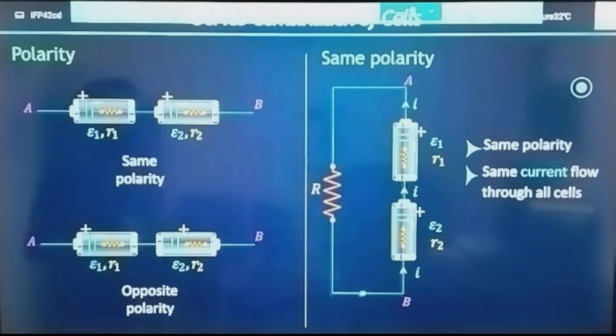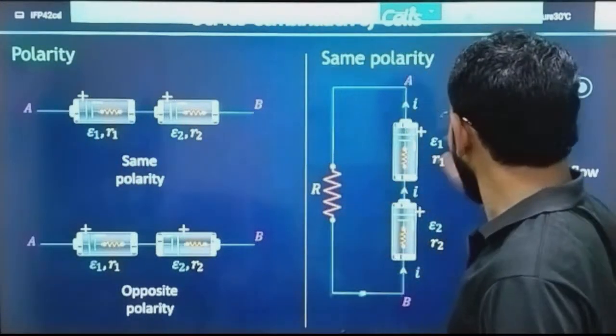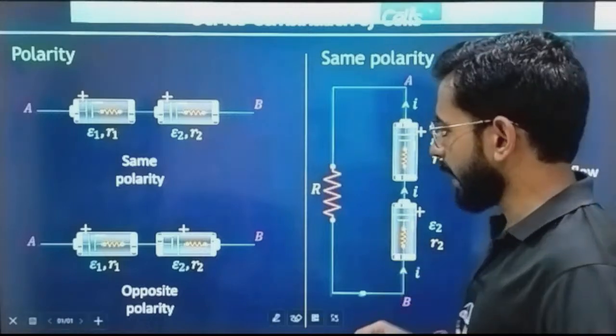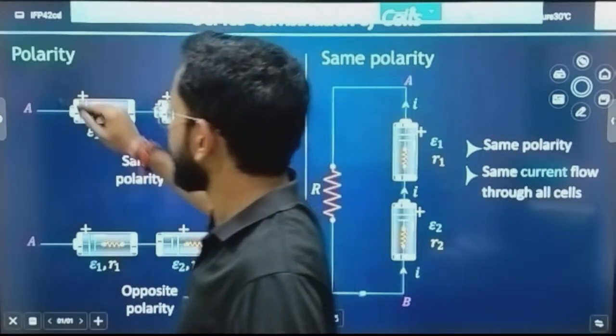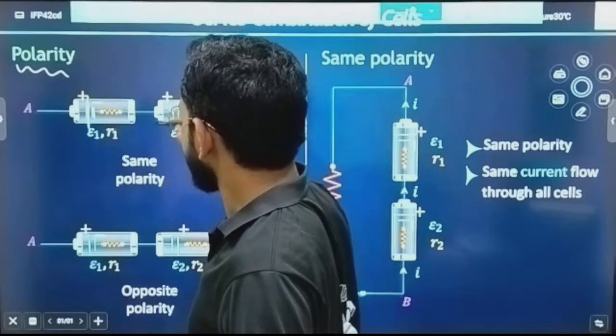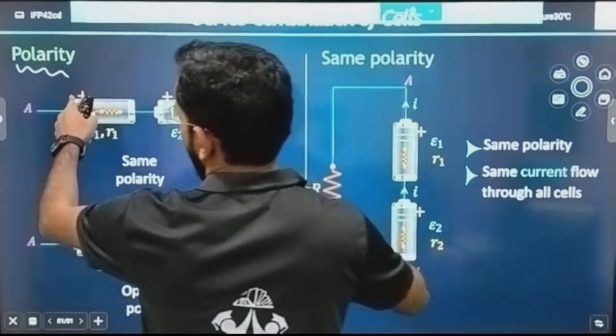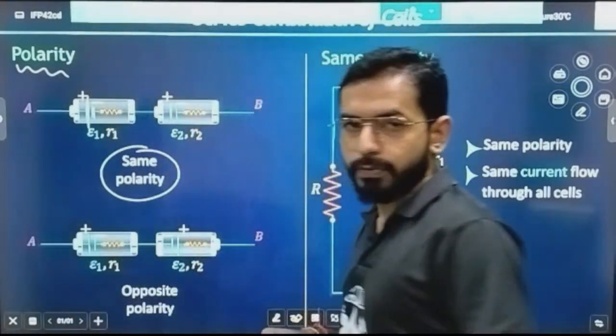Correct. So now in series combination also there are two kinds of possibilities, on the basis of polarity. What are the two possibilities? One is the same polarity. See here, positive negative, here also positive negative. This kind of system is called same polarity.